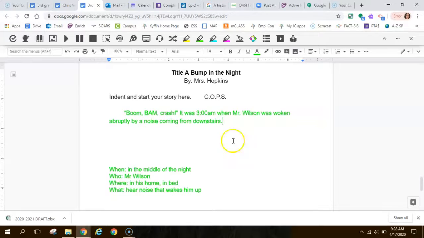Okay, so I kind of have all of this. I have when it was, who it was, where it was, kind of. I'm going to expand on this idea, and then what it was. It was a noise that woke him up.